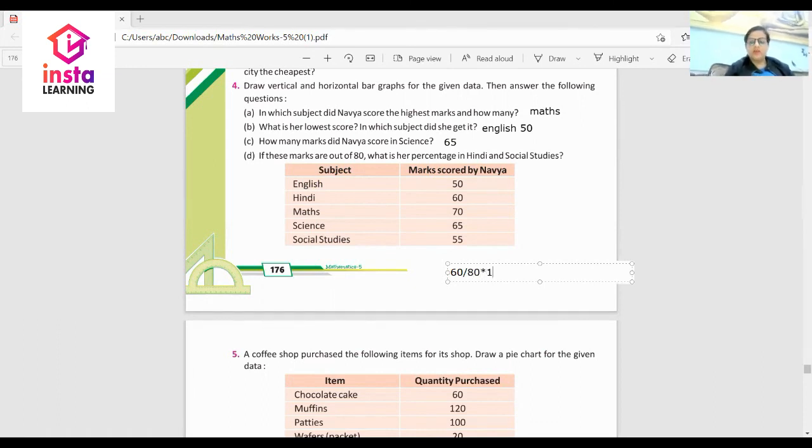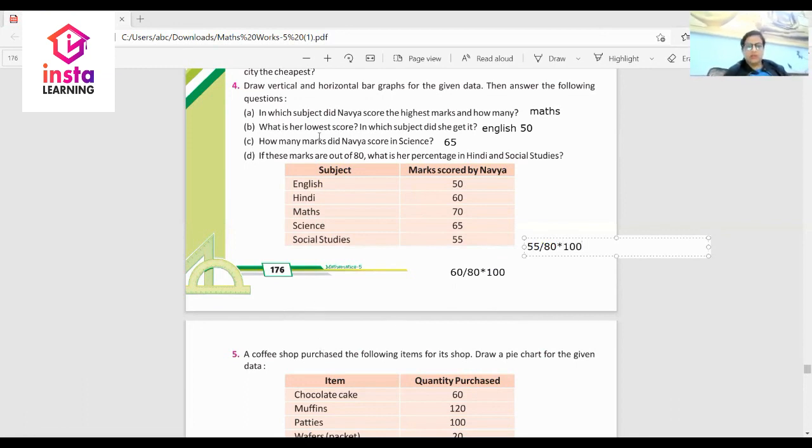This is the rule of taking out percentage. And if we talk about social studies also, it is 55 upon 80 into 200. Likewise.